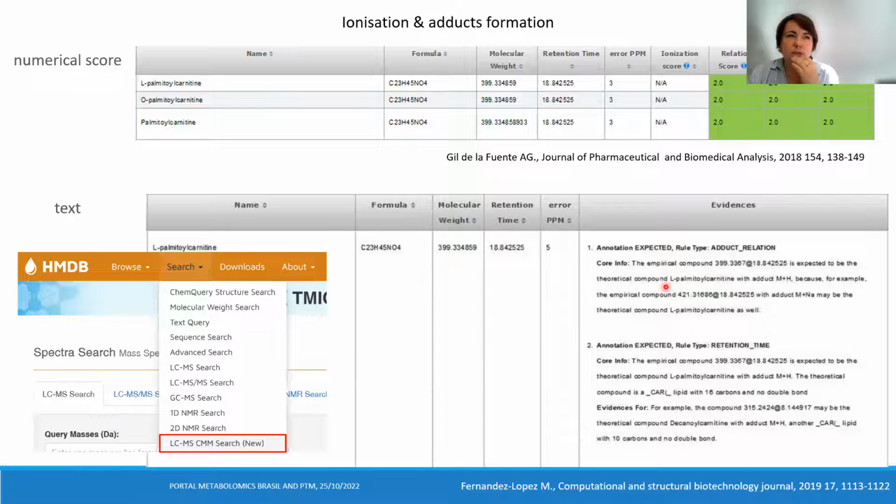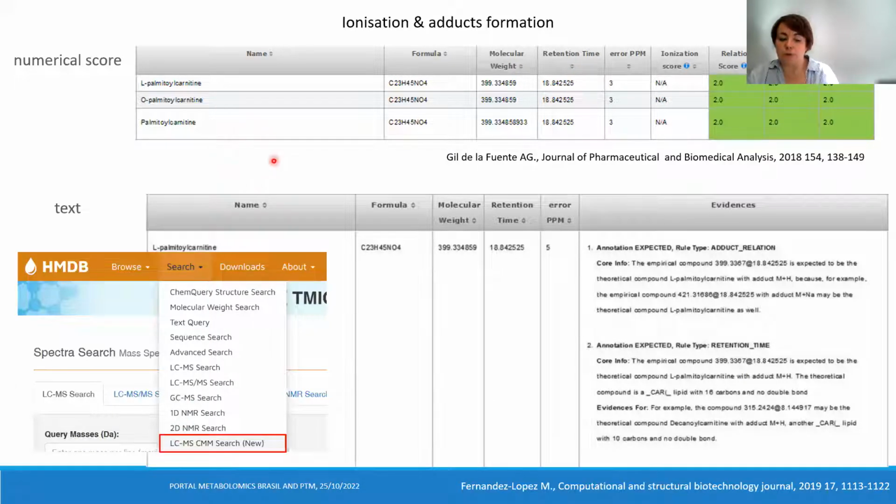Also, since 2018, as far as I remember, this functionality is accessible through the HMDB. So I highly encourage you to try those functionalities.